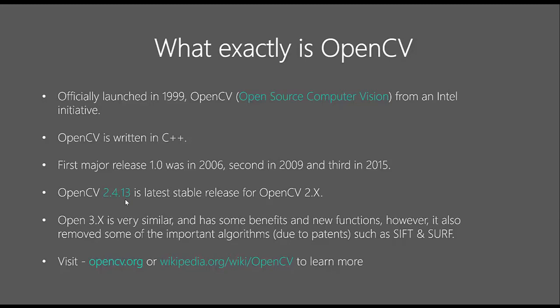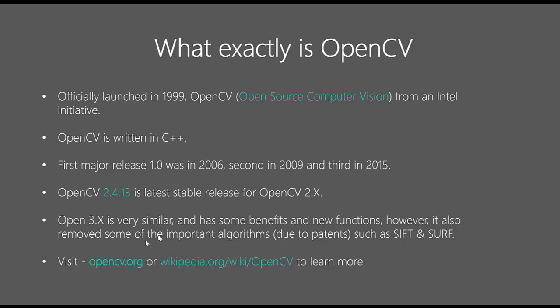Now, if you think there's a need for you to use OpenCV 3.x, you can go ahead and install it. However, there are some disadvantages to using 3.0 plus. Some important algorithms such as SIFT and SURF have been removed. You can manually add them back in, however, it's a bit tedious, and I'm not going to encourage you to do that during this course. I'll put links up, and you're free to do so as you please.